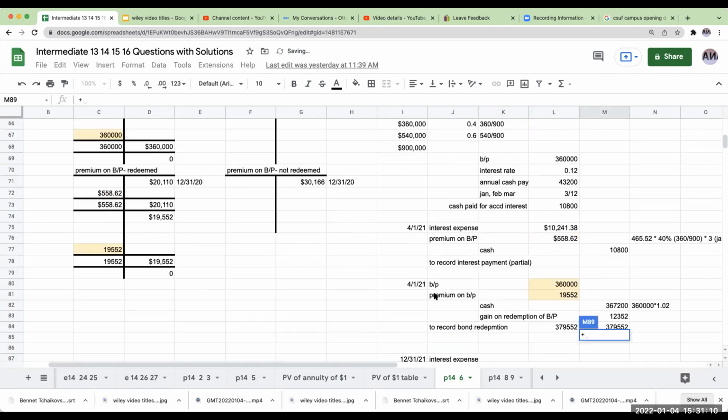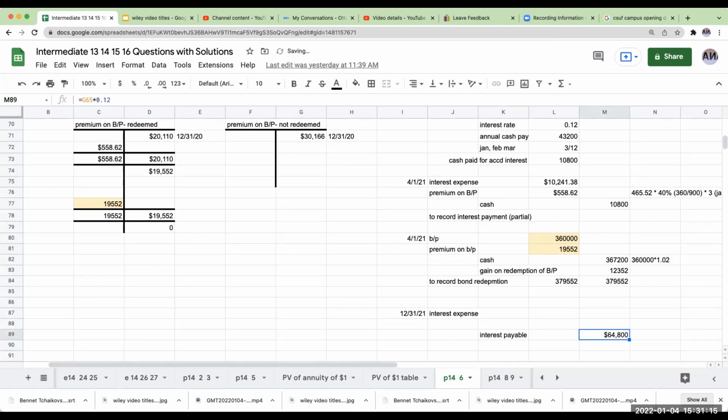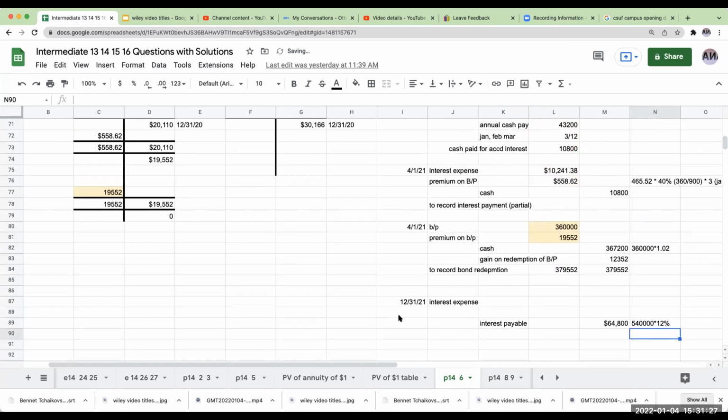My interest payable is going to be 540,000 at 12%, or 64,800. This is going to be my interest payable. Okay, so my premium on bonds payable, what is this going to be?